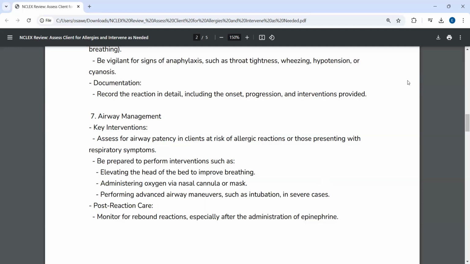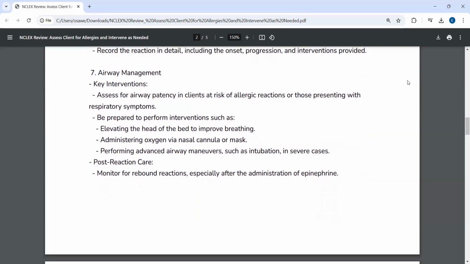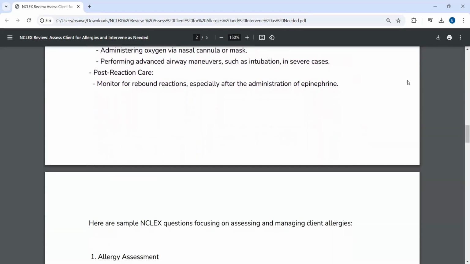Then more advanced methods might be needed, like airway maneuvers and intubation in severe cases. You just need to understand how severe the case is to know the right airway management. Also, when you give epinephrine, there's always a rebound reaction. You want to monitor for that, because that is where your airway management is very crucial.